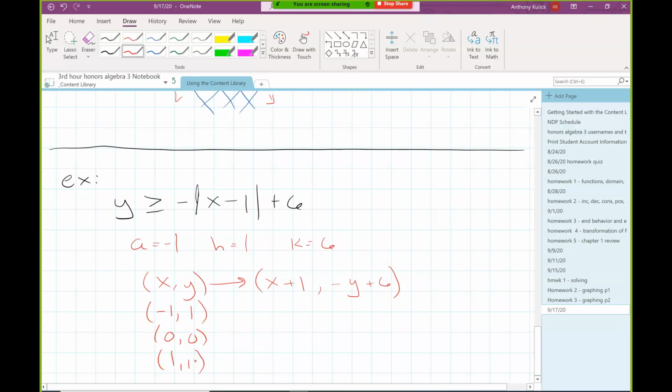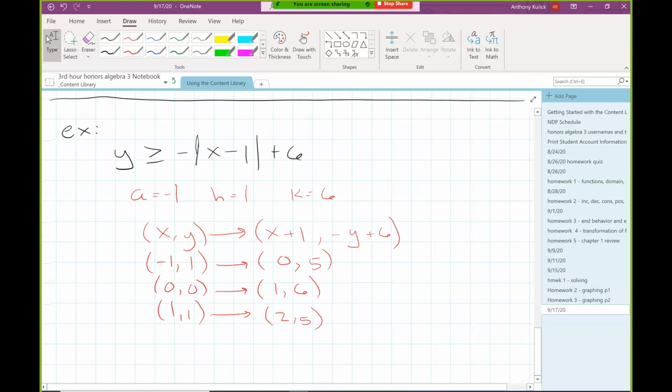Every absolute value graph that we're going to draw, we're going to use these same 3 points from the parent function to do the transformation. So that gives me these 3 new transformed points. Any question how we came up with those?